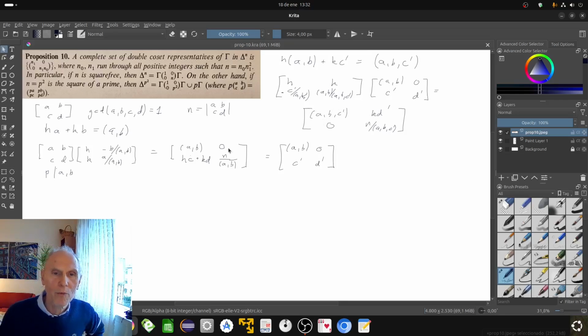And now we must do the same. Take the next prime and remove it. And here we had naught up here. Now we have naught down here, so we need to multiply from the opposite side than the other way here. But generally we can remove all the primes, so we end up with plus minus unity, and can multiply by minus 1, of course. So we end up with 1.n.